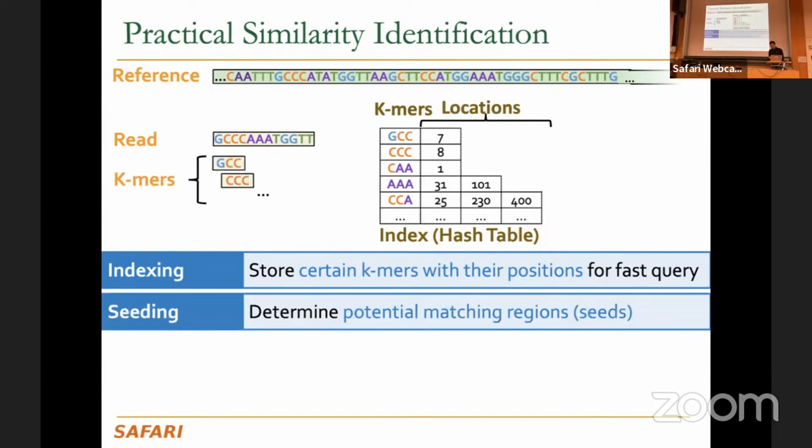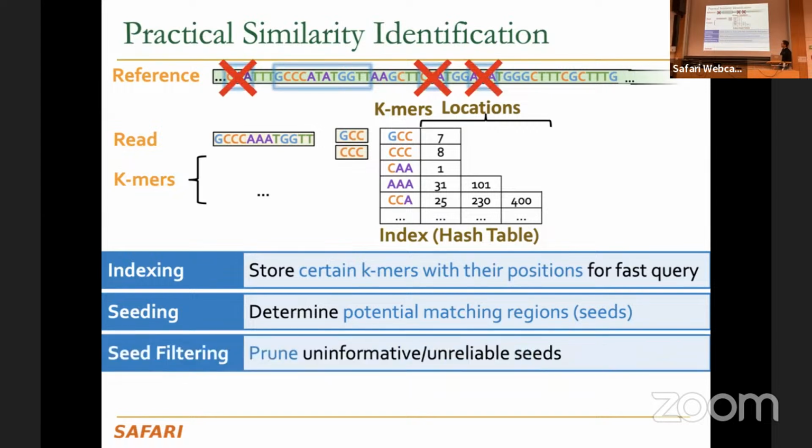We use this hash table so that we can extract some subsequences from the read and quickly query them using this hash table, so that we can identify potential similar regions between a read and the reference genome. Then we will have multiple candidate regions, regions that we think this read might be coming from, but most of them will be false. To identify these false regions, we can perform some filtering or other algorithms known as chaining so that we can remove some false matches.